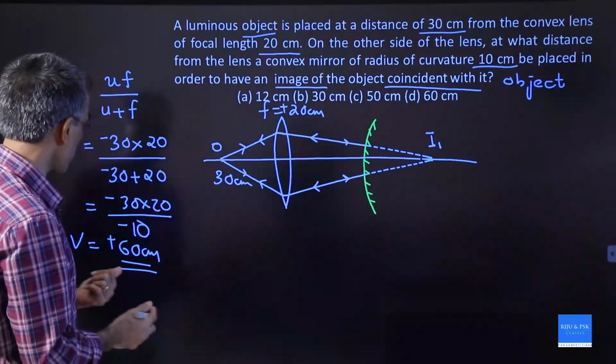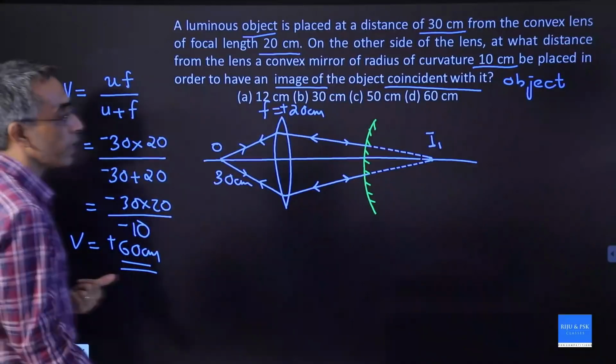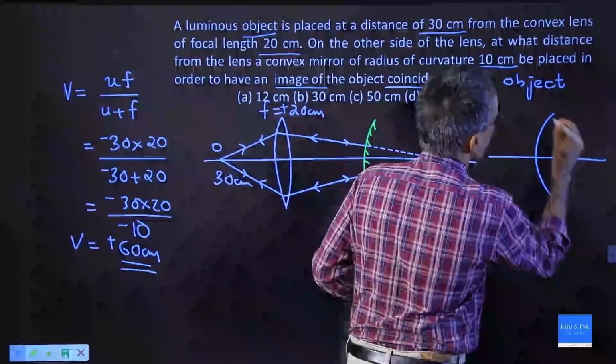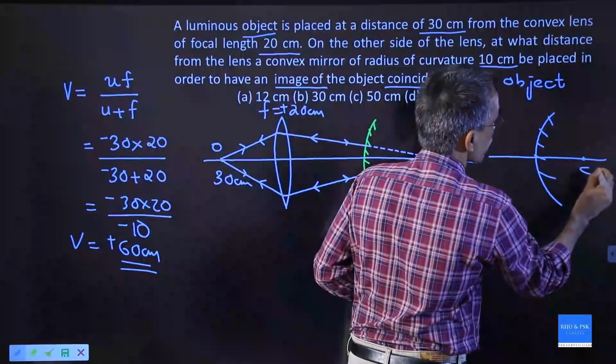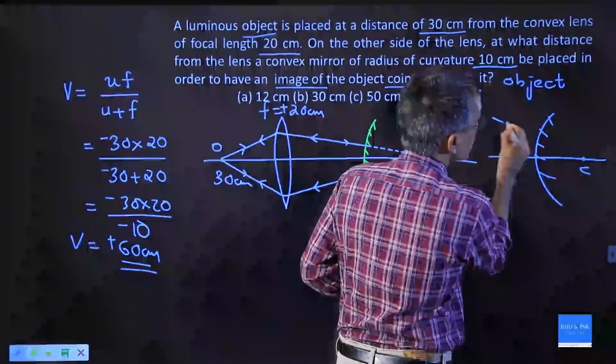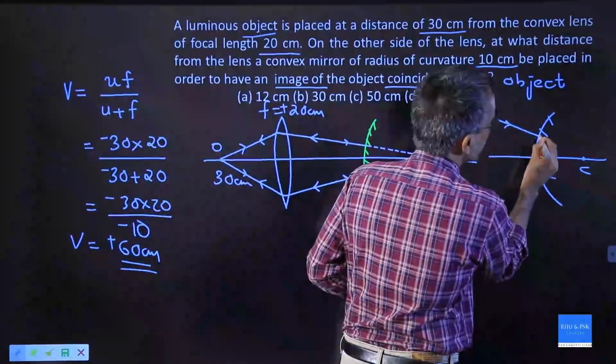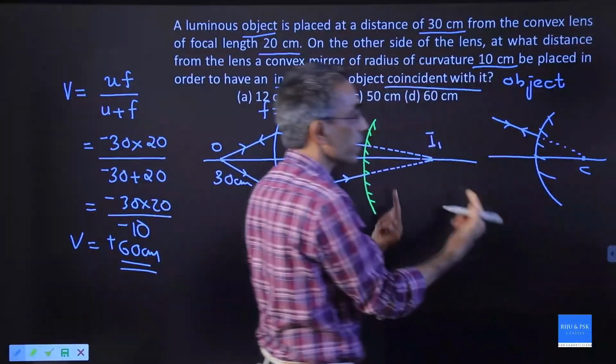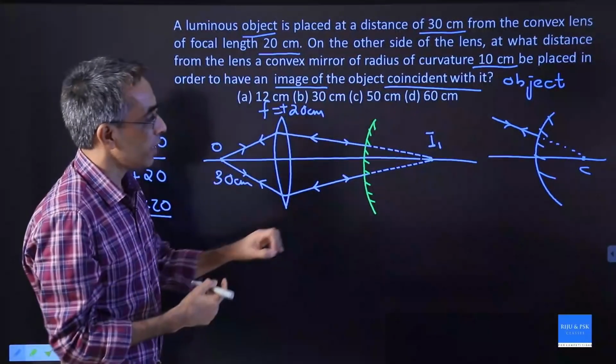You studied this before, that a light ray, say this is a convex mirror, this is the center of curvature. A light ray which is incident such that it tends to reach the center of curvature has normal incidence and will go back. So that is the idea behind this.